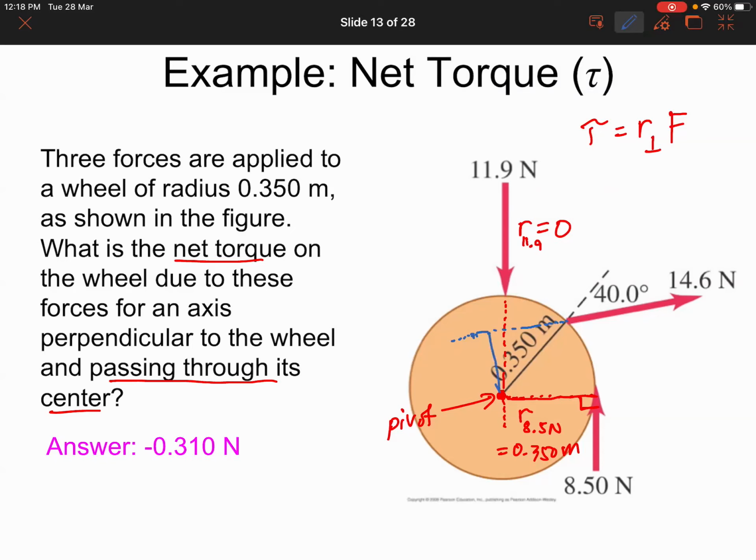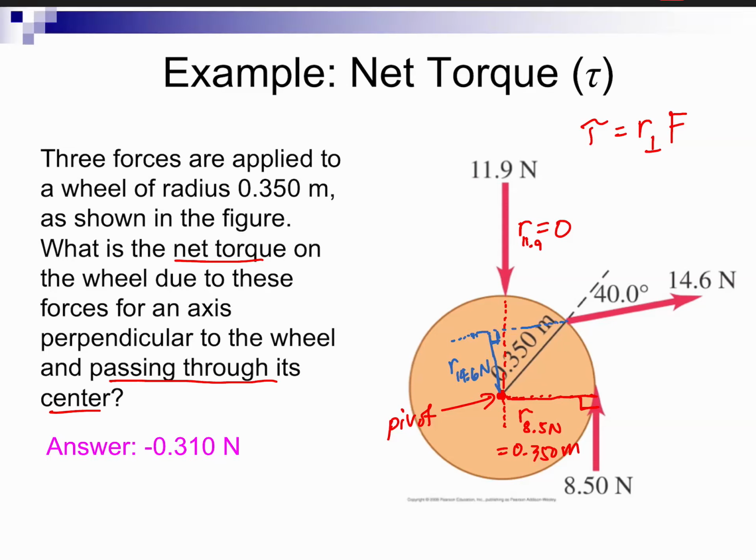So if I draw the blue line that's perpendicular to the extended line of force, this will be the moment arm for the 14.6 Newton force.